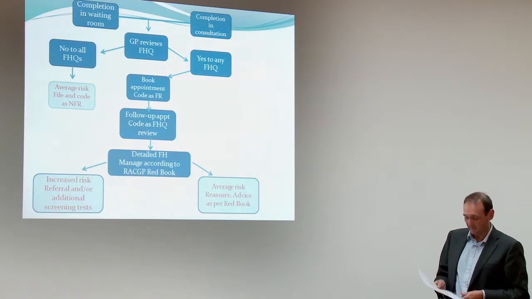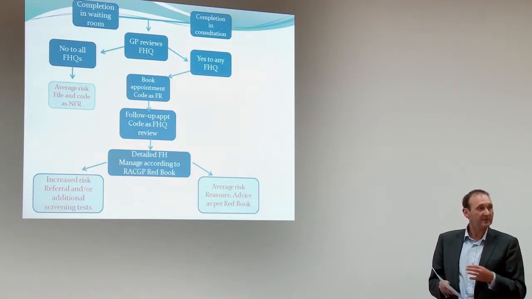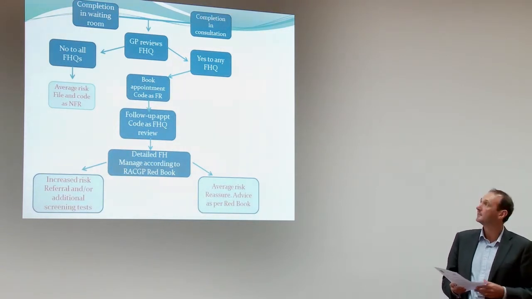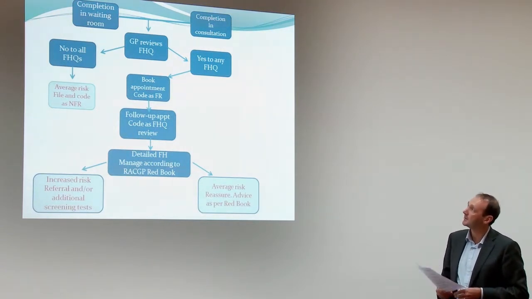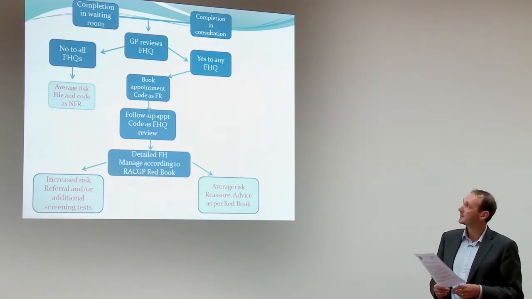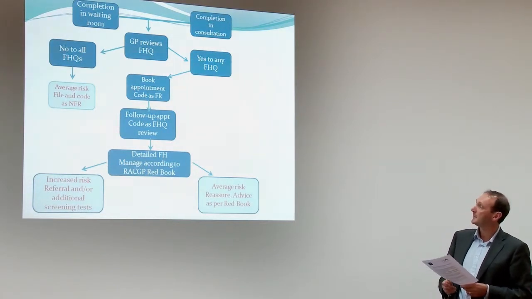If they tick yes to any single box, then that means that they require an additional review of their family history. So there will need to be some mechanism to follow them up and organise a second appointment and code that as follow-up required.